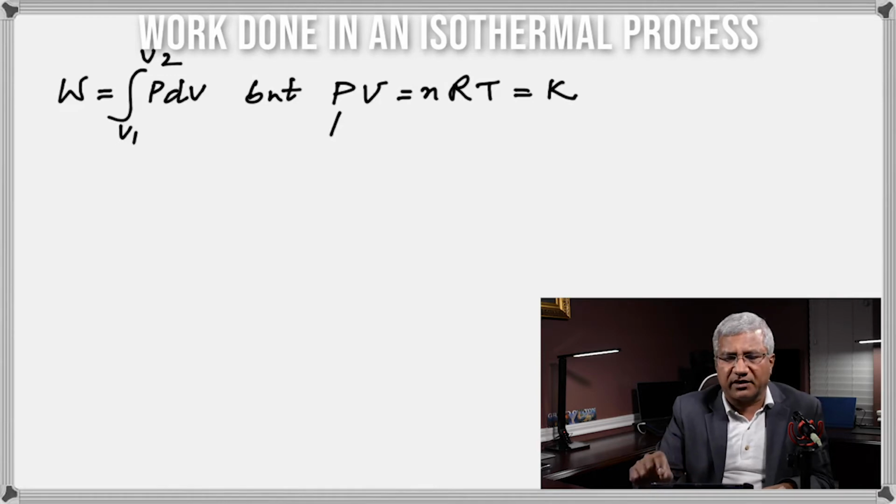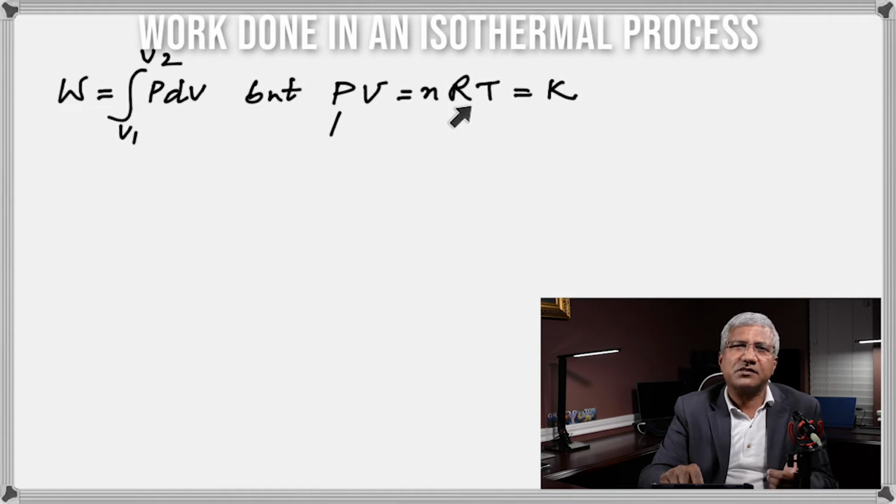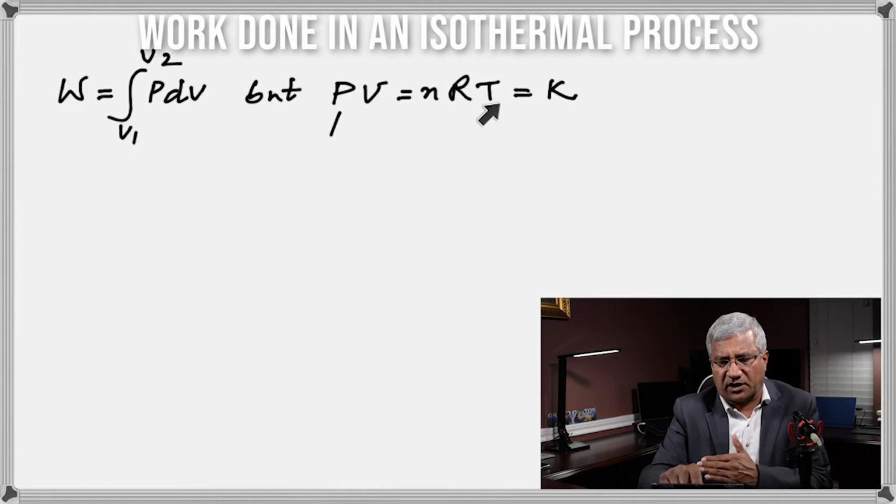PV is equal to nRT, but that's equal to a constant. Why? Because all the terms on the right side are now constants. n and R are already constants. T is the temperature, which by definition is a constant, so all three are constants. That's why we say P times V is equal to a constant.